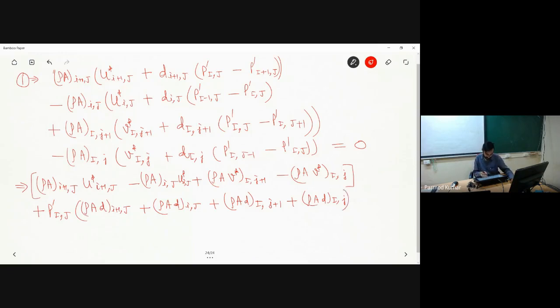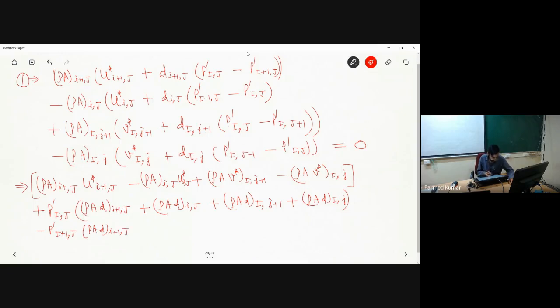Okay. Now apart from this, we are having individual terms, and for them the coefficient will be as follows. Let me start with the first one. In the first one, I am having p dash I plus 1 j, and it is with negative sign. So let me write minus p dash I plus 1 comma j, and its coefficient will be rho a d at point I plus 1 comma j.